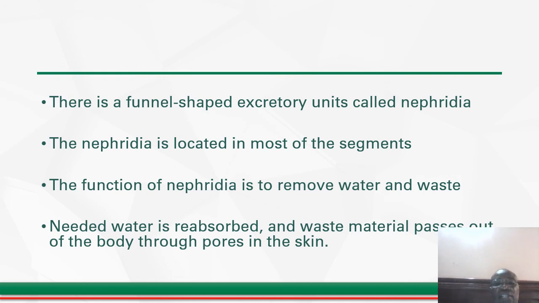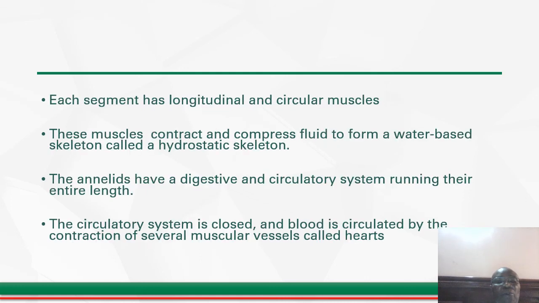The function of nephridia is to remove water and waste, particularly when they are in excess in the system. The needed water is reabsorbed, just like we have a kidney in the higher animals. Waste material passes out of the body through the pores in the skin.